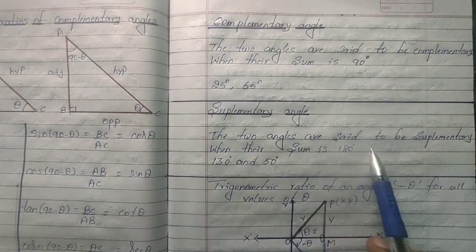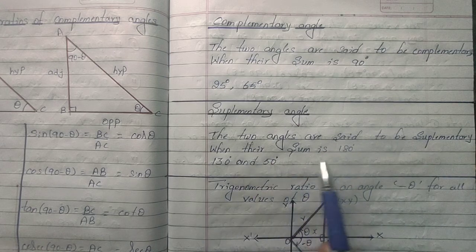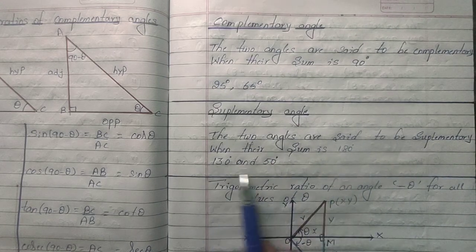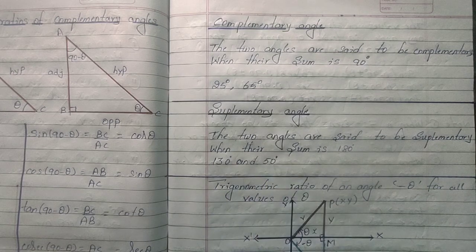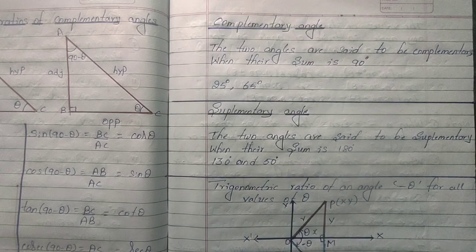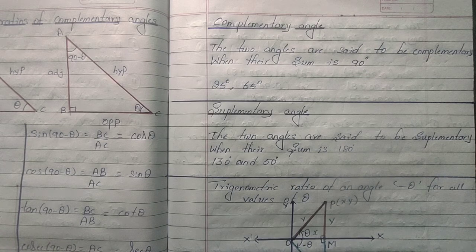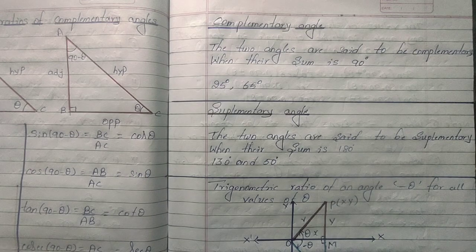Two angles are said to be supplementary when their sum is 180. When you add these two angles and you get 180, these two are supplementary angles. Next, trigonometric ratios of the angle minus theta for any value of theta. Meaning when a minus angle comes, how to do it.